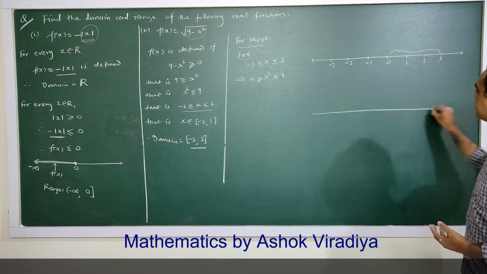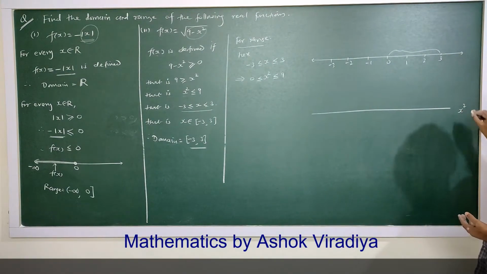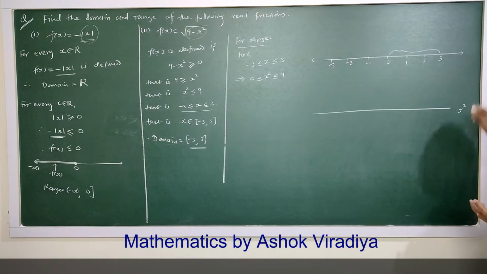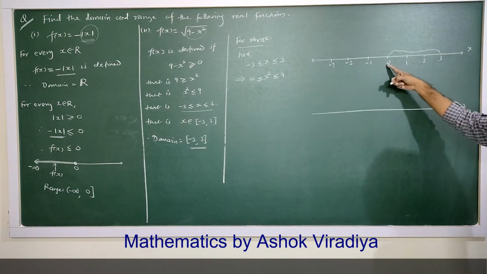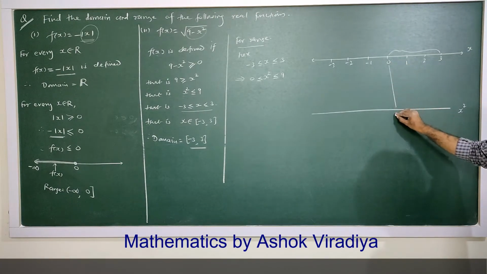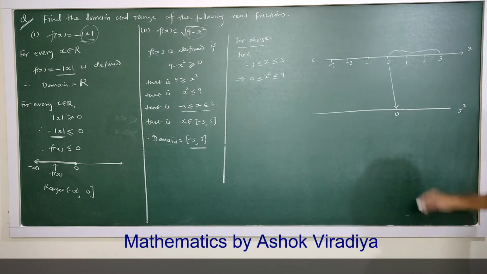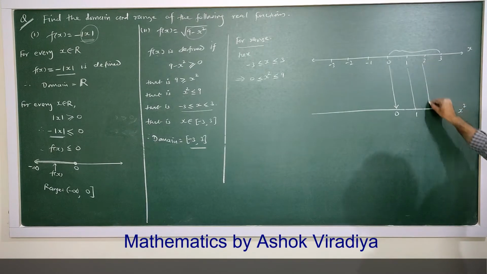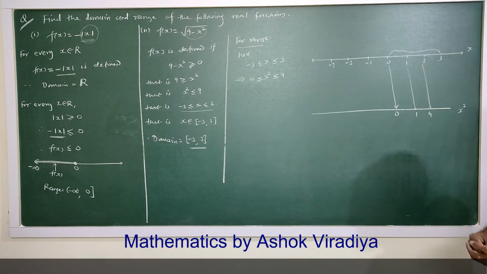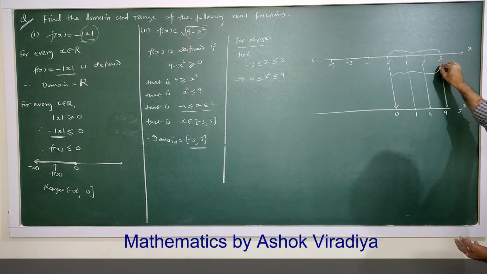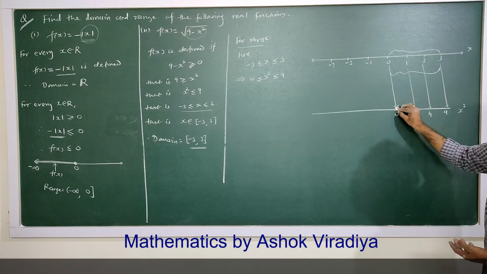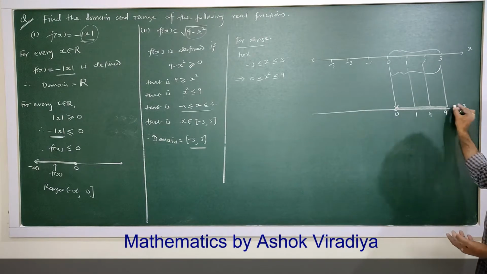Squares I am representing on another line. Here these are values of x. Square of 0 is 0. Square of 1 is 1. Square of 2 is 4. Square of 3 is 9. So the square of this part will be in this part, 0 to 9.